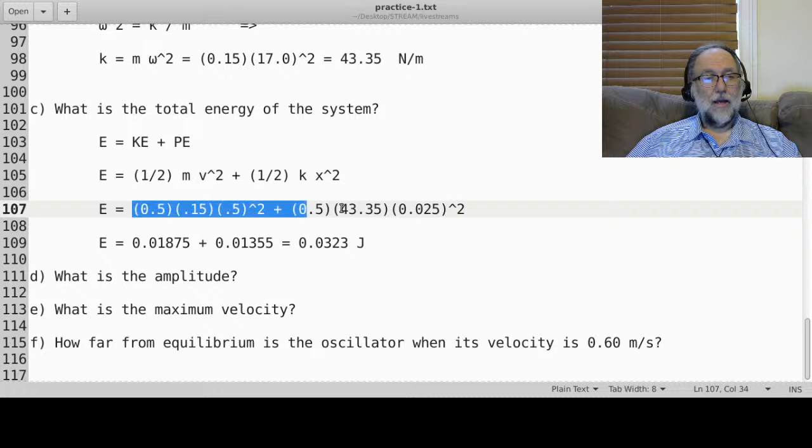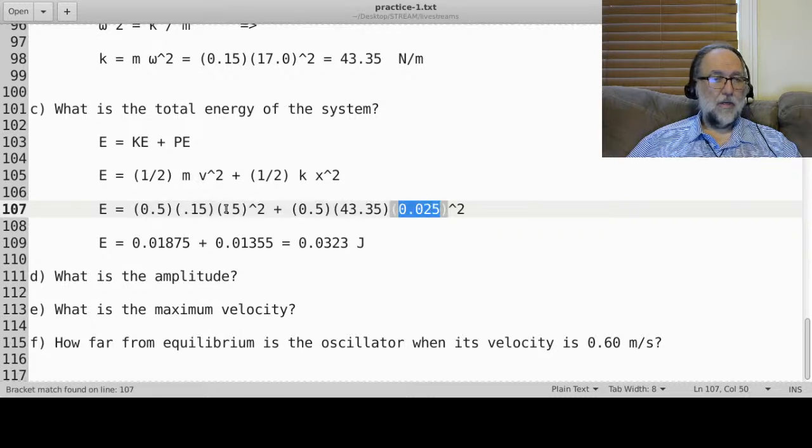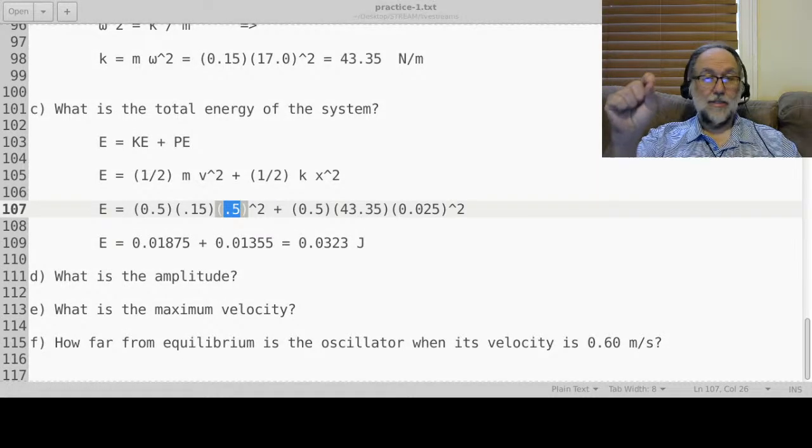And here's where conservation of energy comes in. It's not going to be at that 2.5 centimeters and 0.5 meters per second for very long. In fact, that's just an instant in time, but it doesn't matter, because the energy calculated at that instant is the same as the energy at the next instant and the next instant and the next instant. Why is the energy the same at all those instances in time?